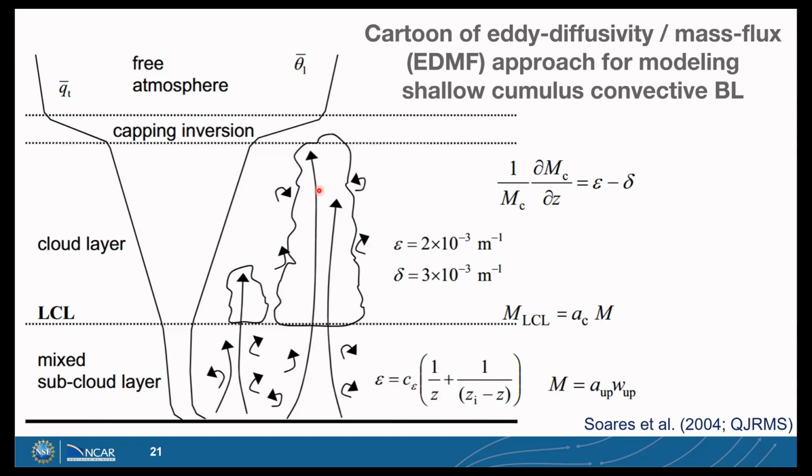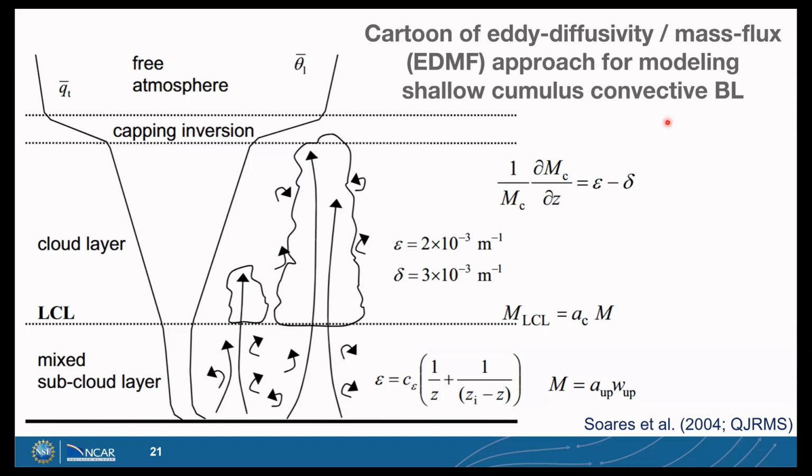And so this schematic is showing that where these little arrows are the little eddies that are represented more so with this eddy diffusivity methodology, and then these larger coherent structures need to be represented some other way, right?